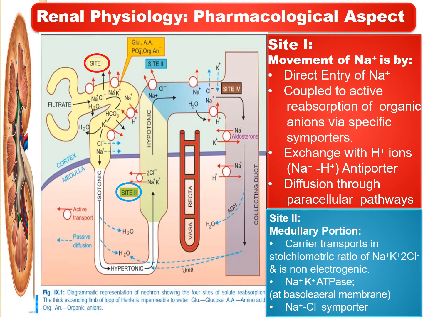So both of these, sodium-potassium ATPase and sodium chloride synthetase, work to carry the transport of the ions in a stoichiometric ratio of sodium, potassium and 2 chloride. This is how the two sites show the movements of the different ions through active and passive diffusion processes.